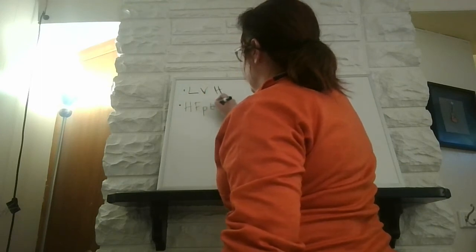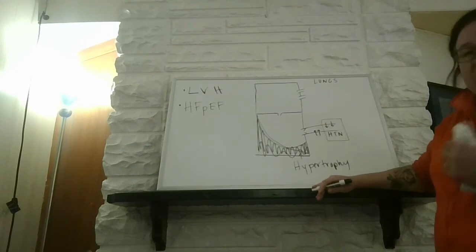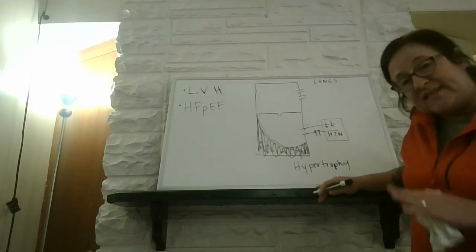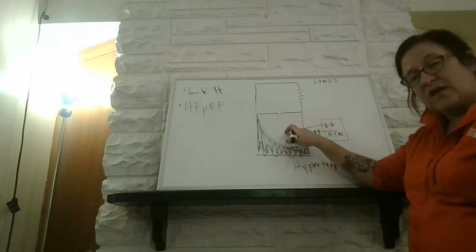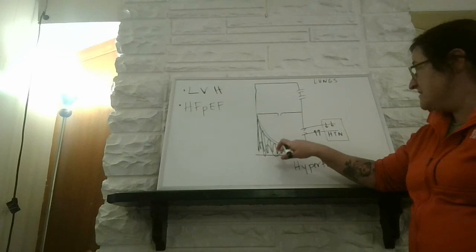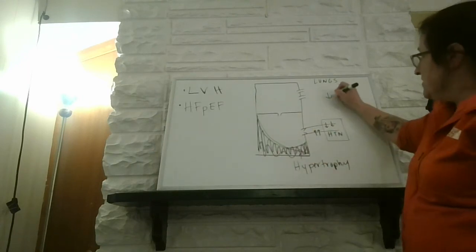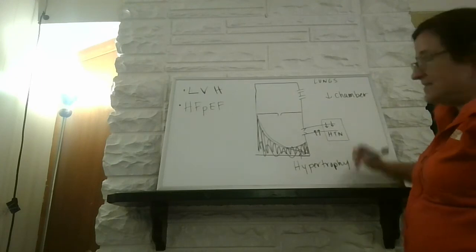So what happens is if I'm trying to increase the volume of blood that goes into this ventricle, I'm not going to be able to do it because I've decreased the chamber size, and that's the problem. Decreased chamber size. The muscle is taking up space.